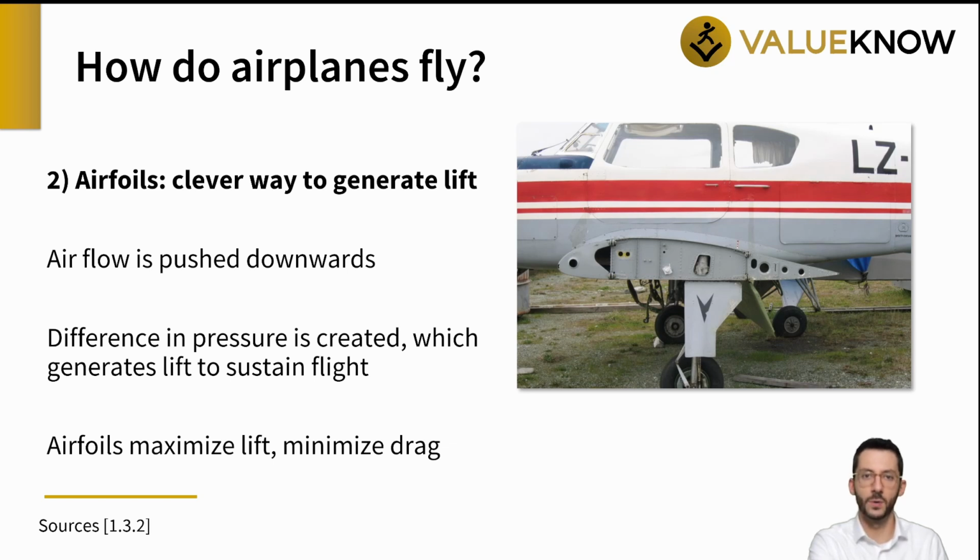Essentially, an airfoil of a wing is its cross-section and is designed to efficiently generate lift as the airplane moves forward. When the air flows over the airfoil's curved upper surface, it causes the air to accelerate and reduce pressure. Simultaneously, the flatter lower surface slows down the air, increasing pressure.